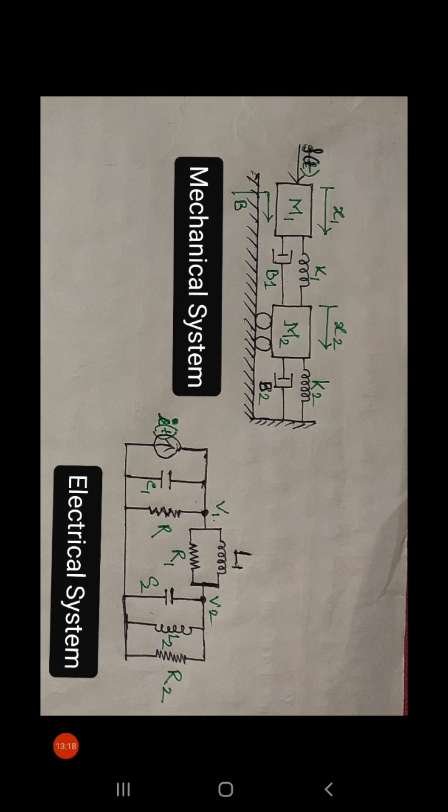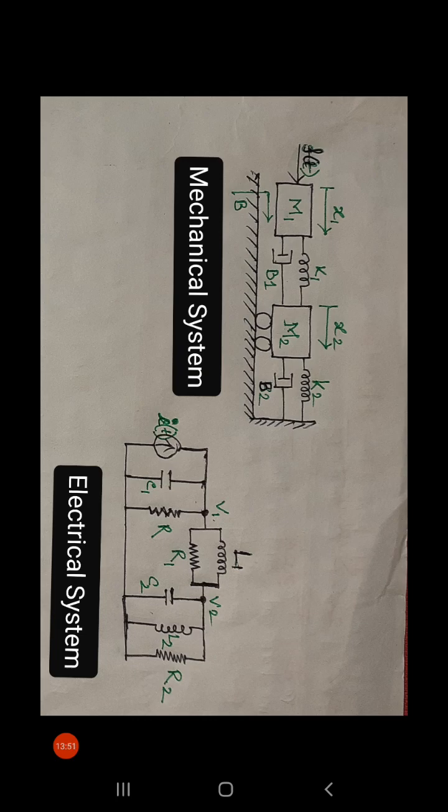Here spring K2 means we consider inductance L2, and here we also have a dashpot, that is, viscous friction coefficient B2, so we need to consider resistance named R2.